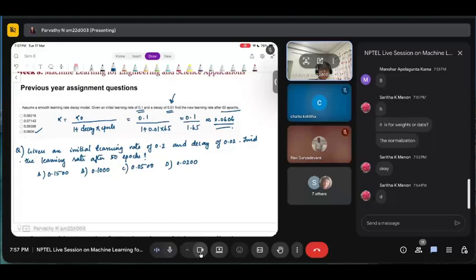So given an initial learning rate of 0.2 and decay of 0.02, what is the learning rate after 50 epochs?